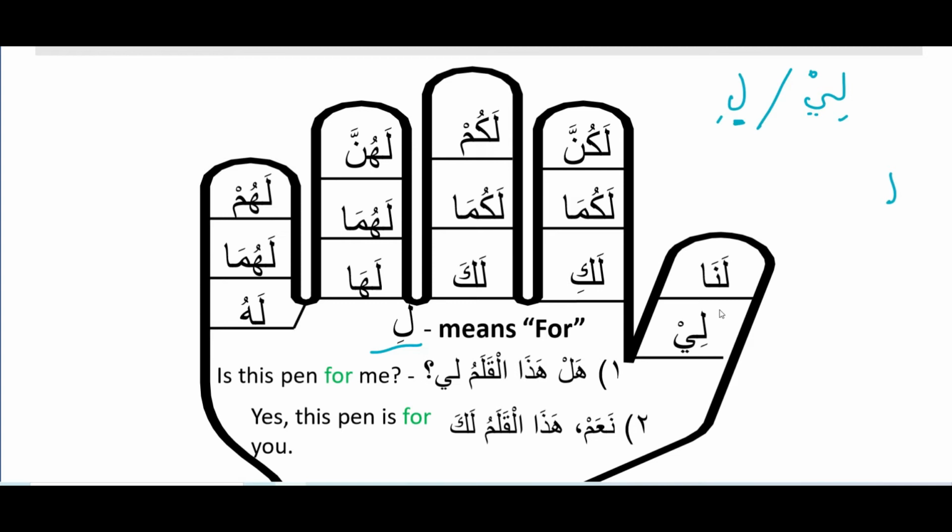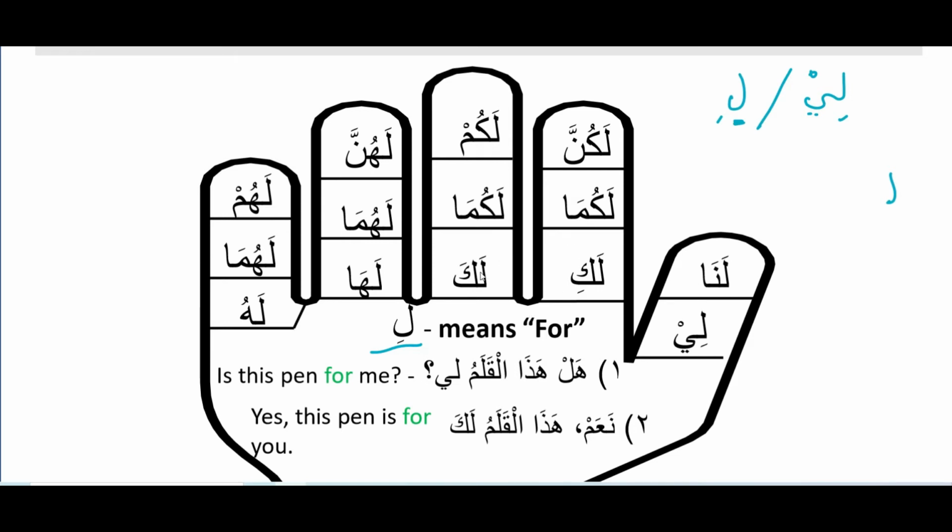It has the same meaning, for, and the same form of formula, because it's from the preposition, harfu jar. Anything that comes after harfu jar has to be in the lower case, but only for a word that comes after harfu jar. But for dhamir, it has to be fixed. Dhamir muttasil like this cannot be in the lower case anymore, right?